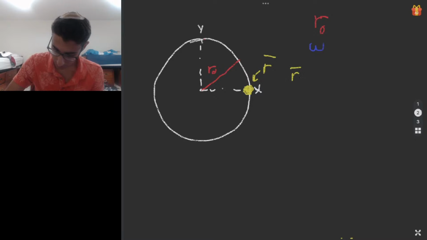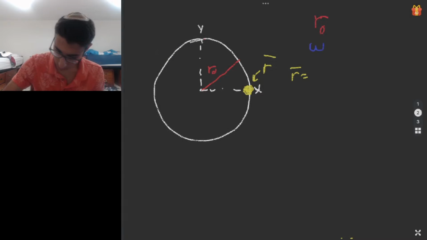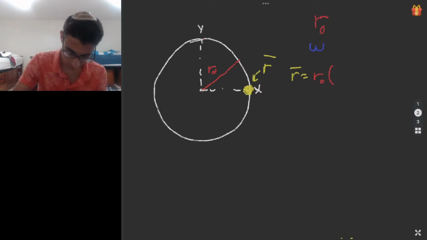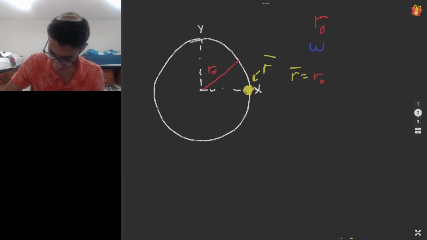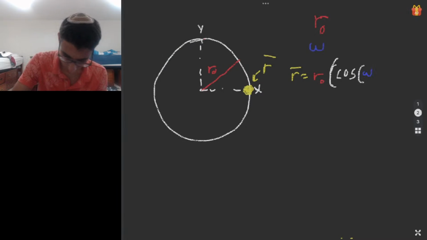The position equals r naught times, I'm going to write that in white, times the cosine of omega times t.